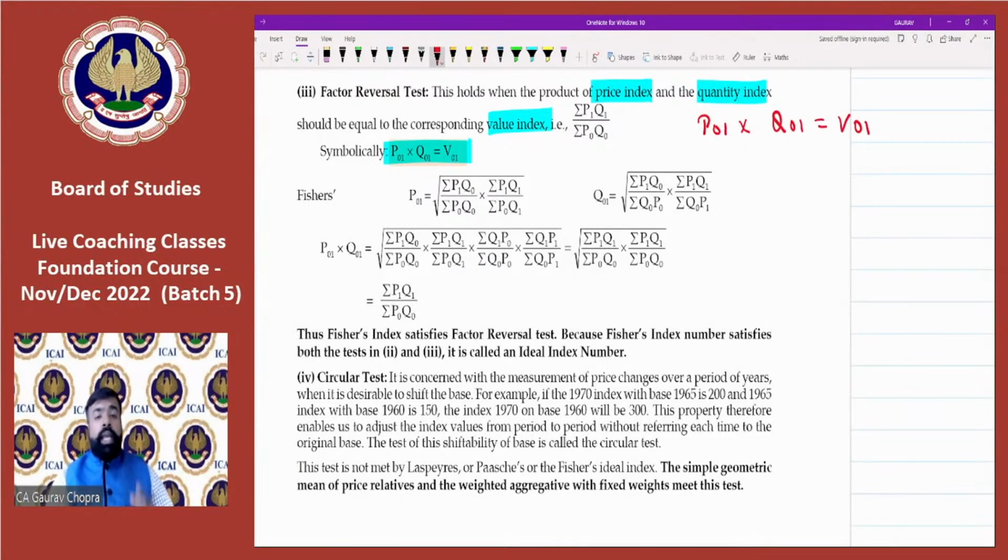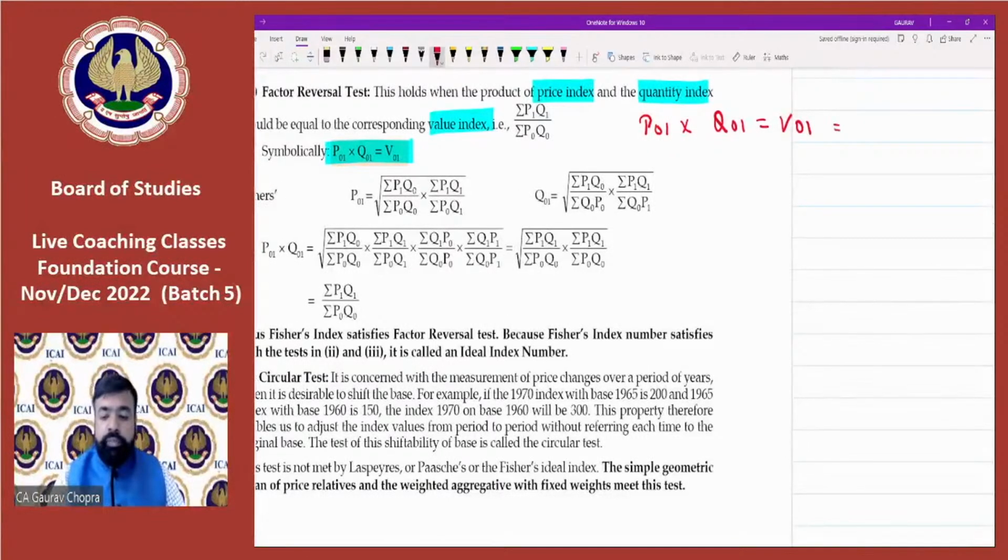If on multiplying the price index and quantity index we get the value index, that means the factor reversal test is satisfied. Okay. So this value index, the formula we already know, is sigma P1 Q1 upon sigma P0 Q0.